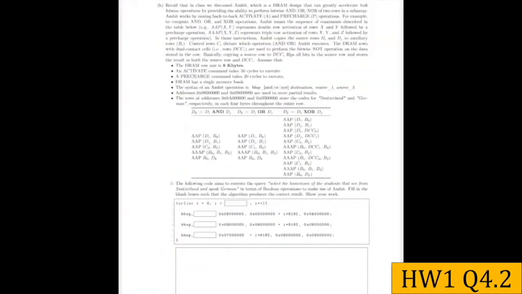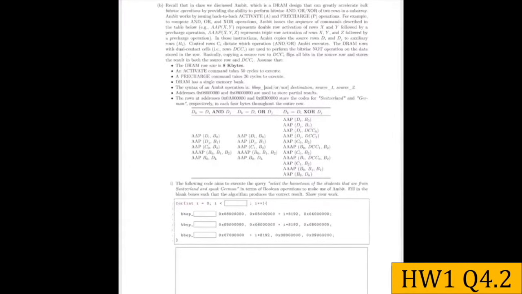Okay, so the next part now is about Ambit. We discussed Ambit, which is the RAM design that can greatly accelerate bitwise operations, with the ability to execute AND, OR, and XOR of 2 rows in a subarray.